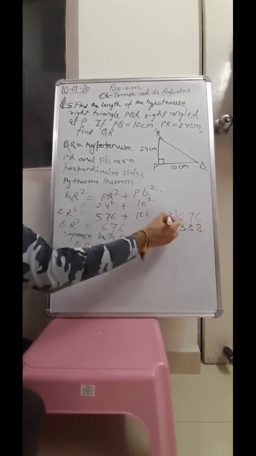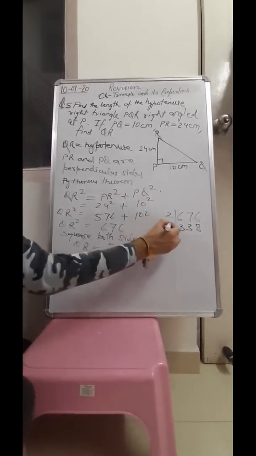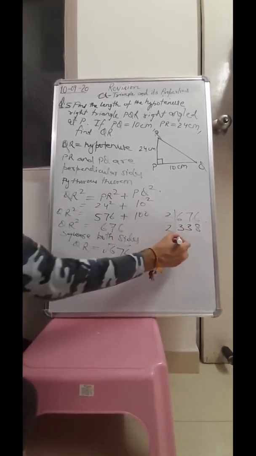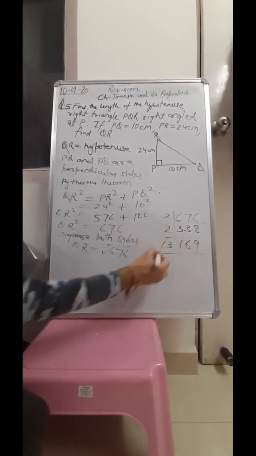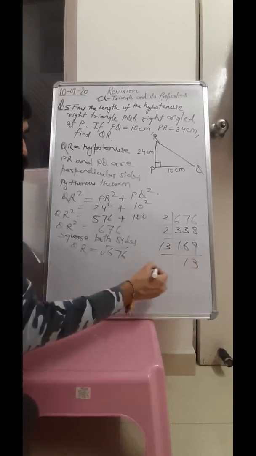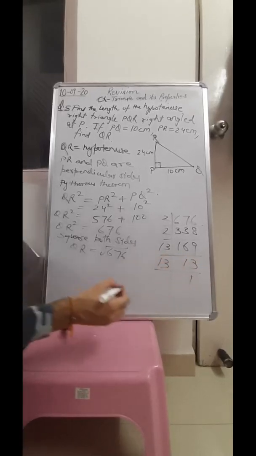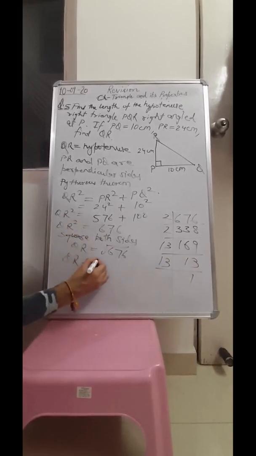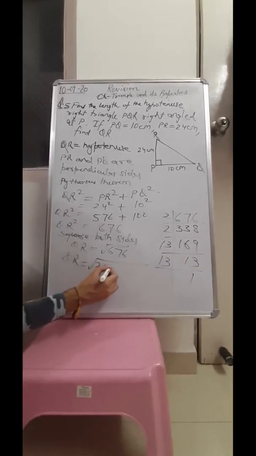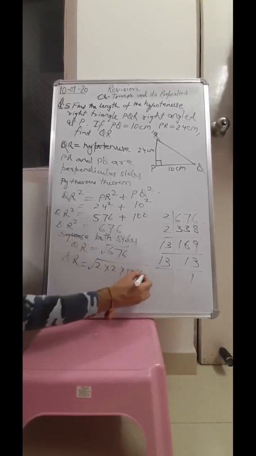So when you divide this, you will get 338. Again you will divide by 2, you will get 169. And 169 is a perfect square of 13. 13 times 13 is 169. So now QR equals under root 2 into 2 into 13 into 13.